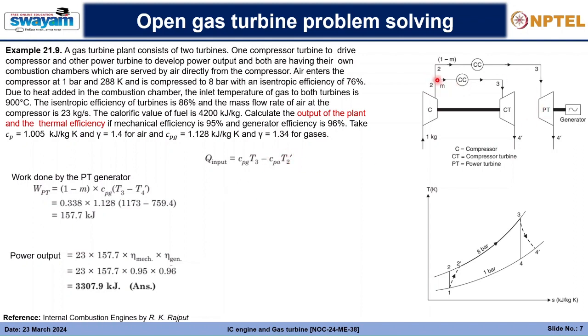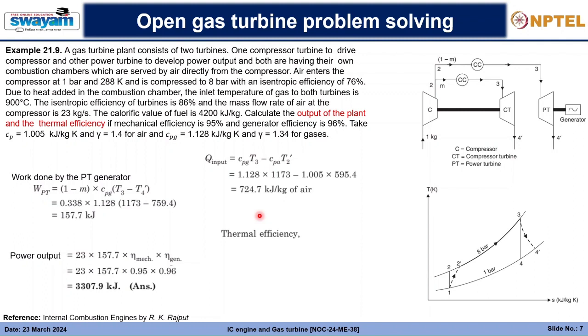Because the enthalpy at T2 dash would be CPA into T2 dash, and after mixing with the gas, the enthalpy is raised to CPG into T3. If we put in the values, we get 724.7 kilojoule per kg of air.